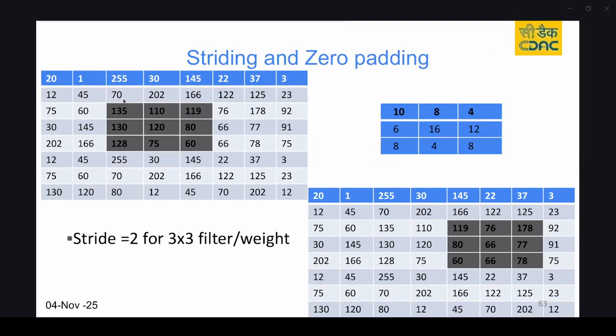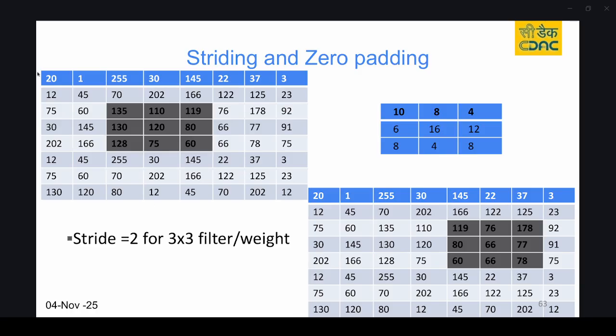First I perform the convolution operation on this 3x3, then on this 3x3. So that's the idea: stride tells how many columns to skip in the convolution operation. Zero padding is a concept where I append zeros to all four borders of the input matrix.